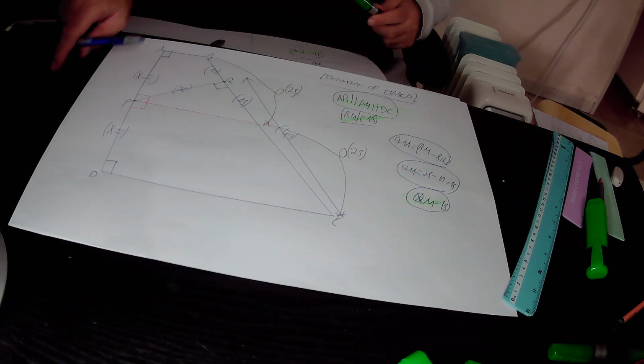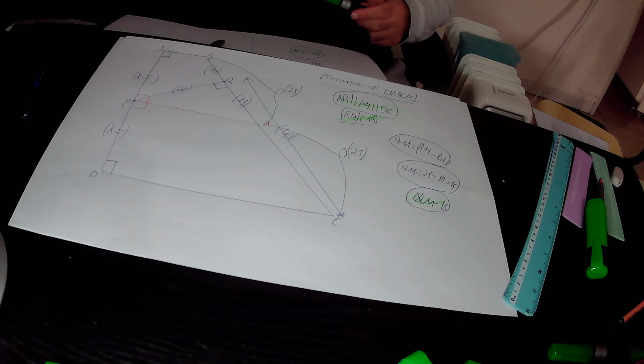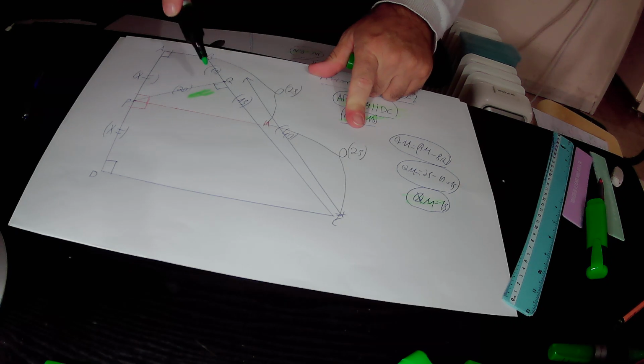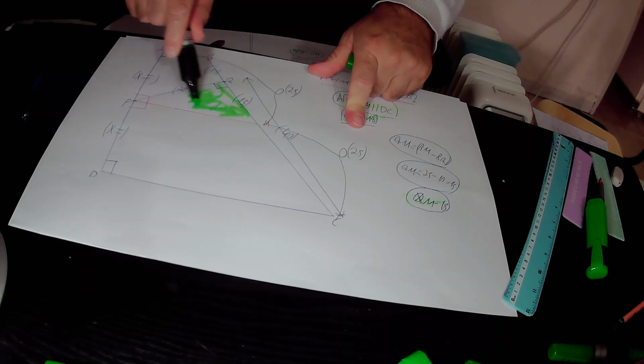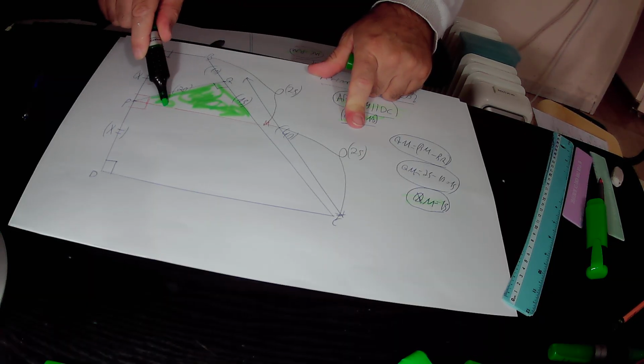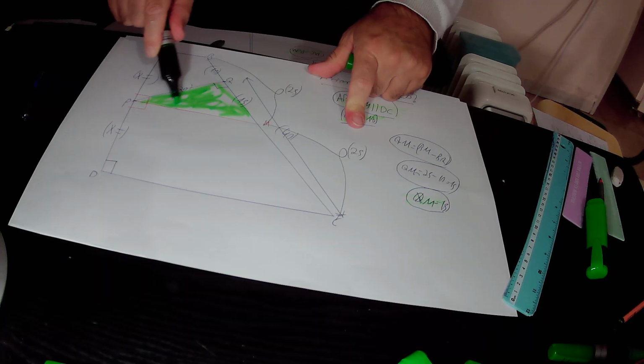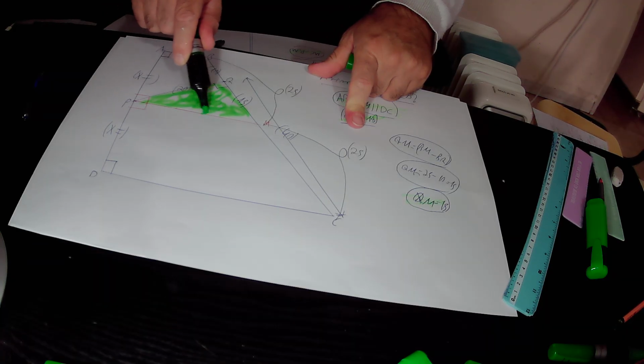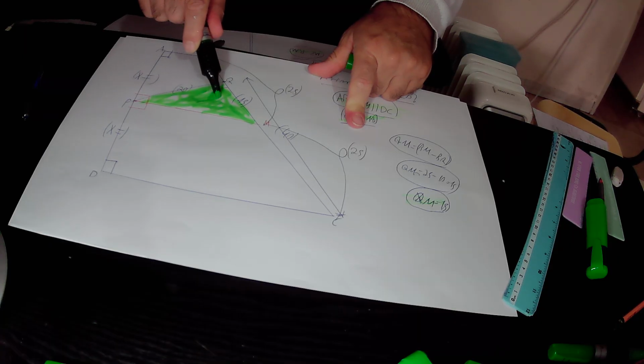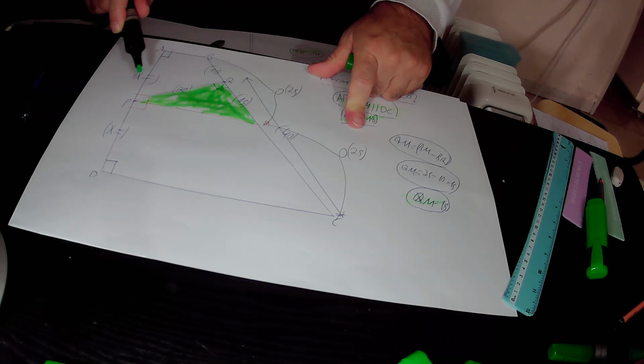In the next step, we will implement the Pythagoras theorem on this right green triangle, triangle PQM.